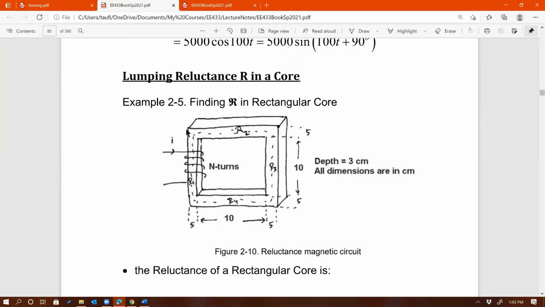This is a topic that you learn in 255, right? So finding or solving for magnetic circuit, basically. So we talked about the benefit of obtaining the equivalent electric circuit for the magnetic design, right?